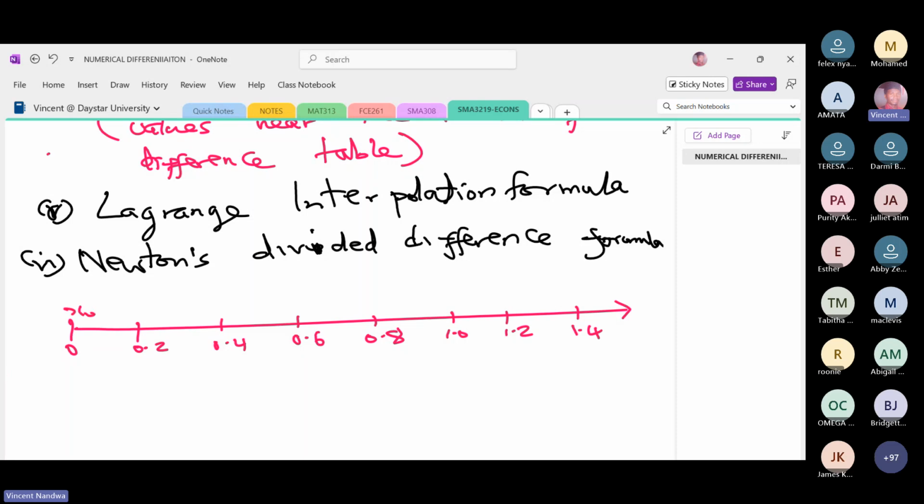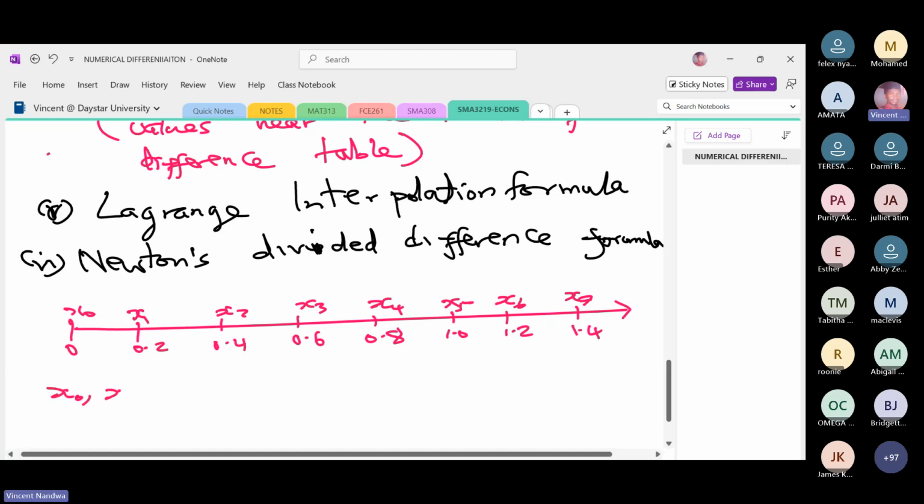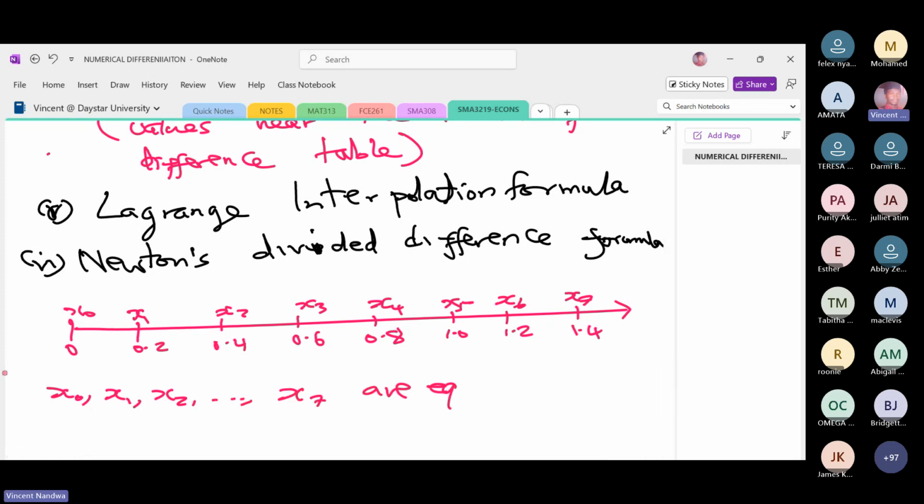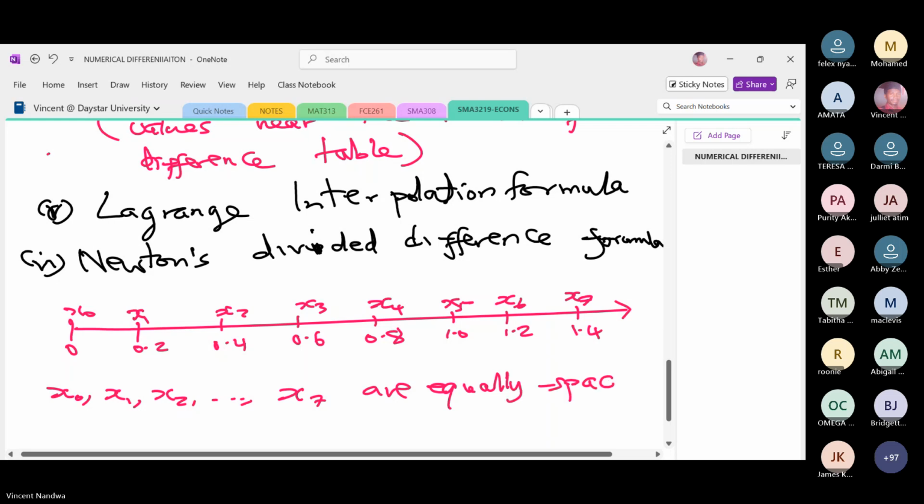We call this one x0, x1, x2, x3, x4, x5, x6, x7, etc. So in this case, x0, x1, x2 all the way up to x7 are equally spaced mesh points.